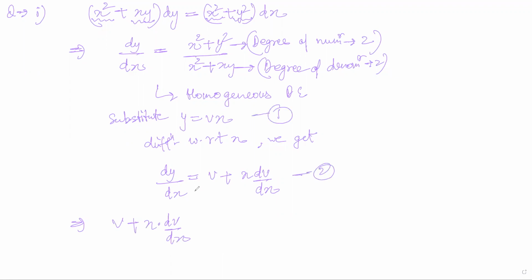In place of dy by dx, we can write v plus x into dv by dx is equals to x square plus y square, which will become v into x whole square, divided by x square plus x into vx. So in place of y, I have replaced it with vx, and in place of dy by dx, I have replaced it with v plus x into dv by dx, right?